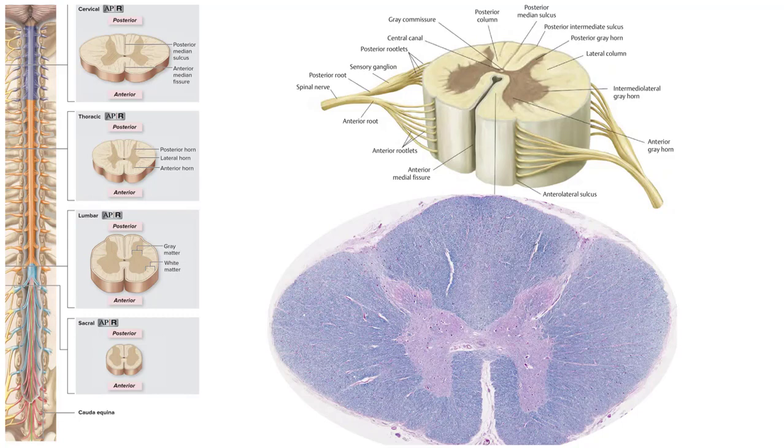This grayish color is a result of the abundance of neuronal cell bodies in this area and relative lack of myelinated axons, which give the white matter its color. In addition to motor cell bodies, the gray matter also contains cell bodies of interneurons, as well as some unmyelinated axons and glial support cells.